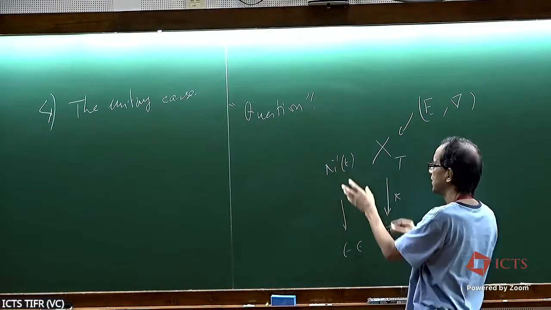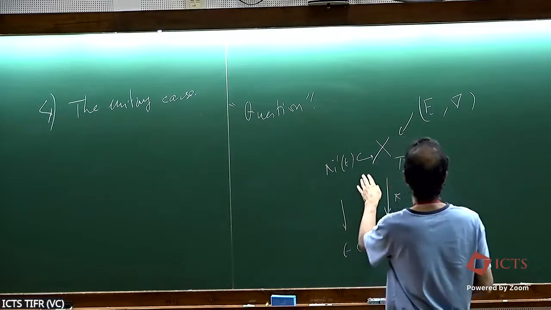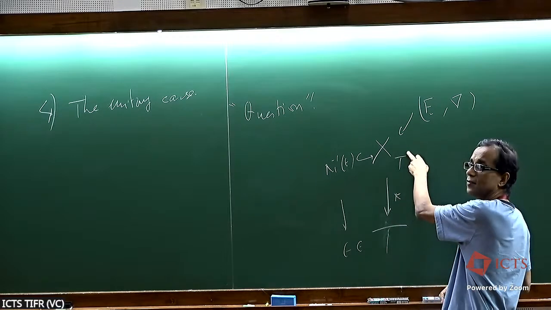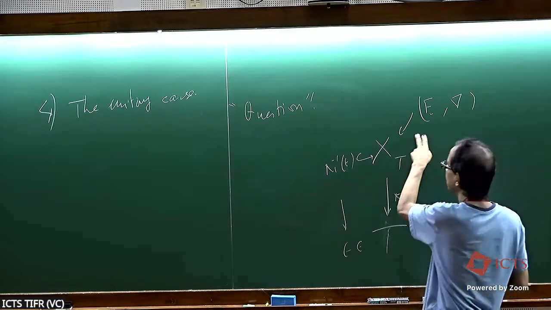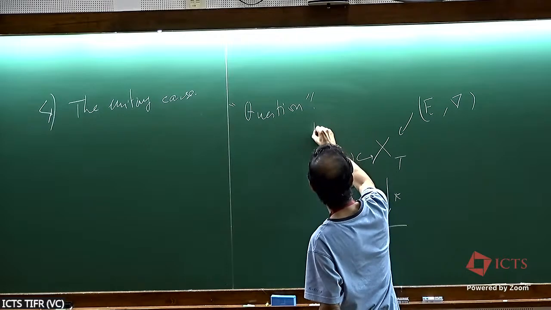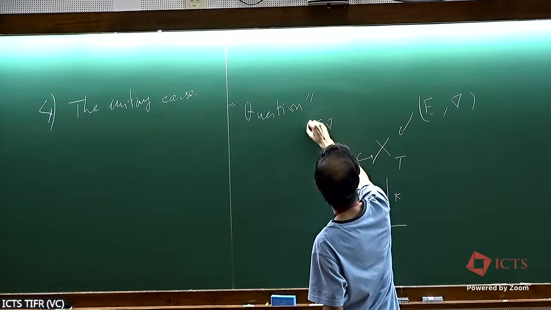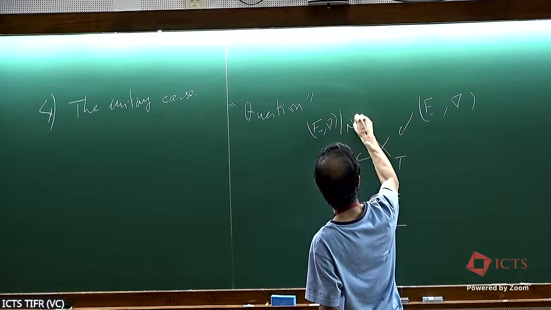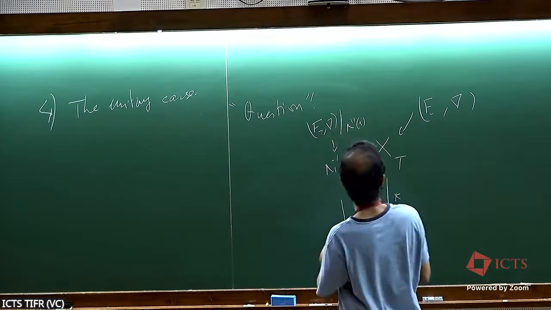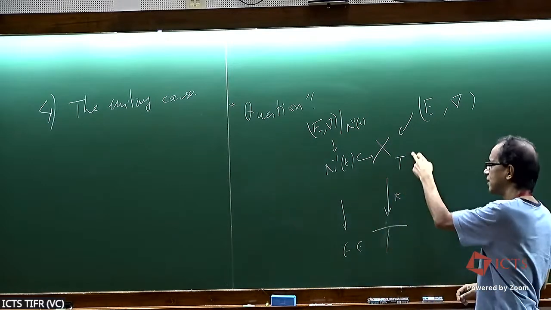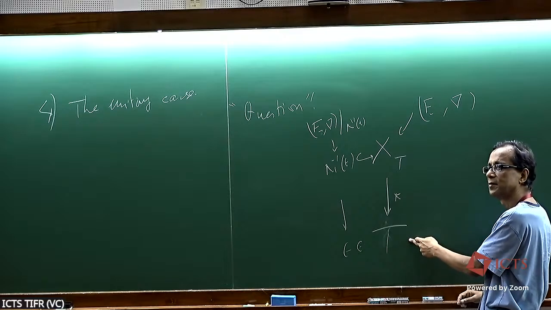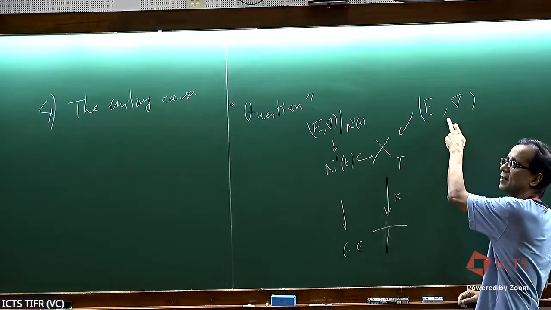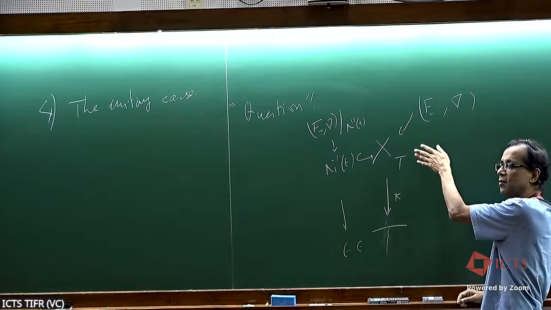It's a compact Riemann surface by definition, and E with nabla is a flat connection on it. So I can restrict it: E nabla restricted to pi inverse T. Let me recall again: X_T over T is a holomorphic family of Riemann surfaces, and I have a flat connection that is fiberwise completely reducible.